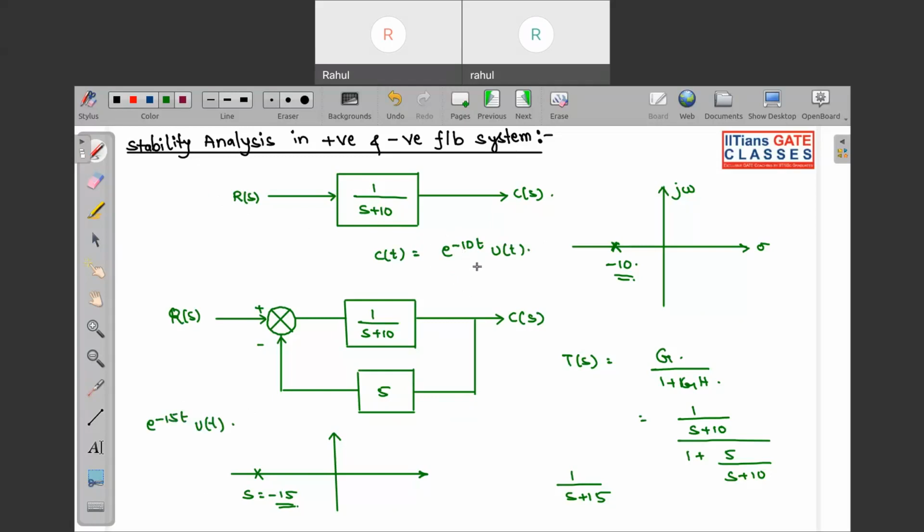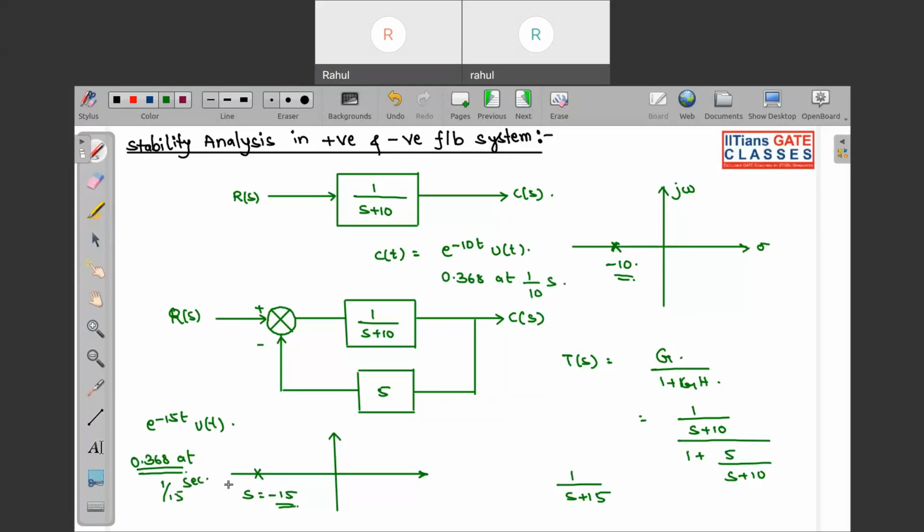This system will reach 0.368 at 1 by 10 second, whereas this system reaches 0.368 at 1 by 15 seconds. So this reaches the value in less time, and that is why this is more stable.